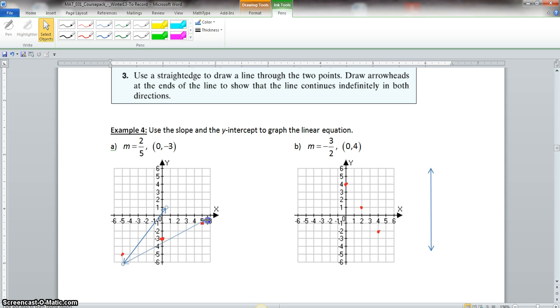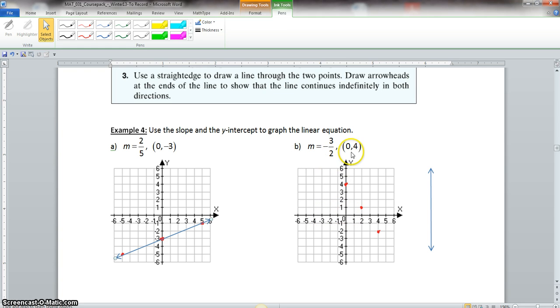No, this will be much easier for you all when you have your straight edge. Okay, this is close enough. Now it goes through all of the points and we're done with that problem.